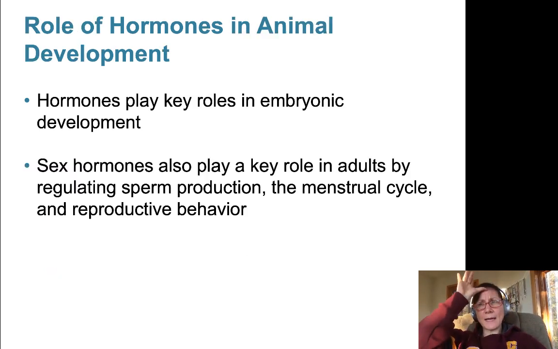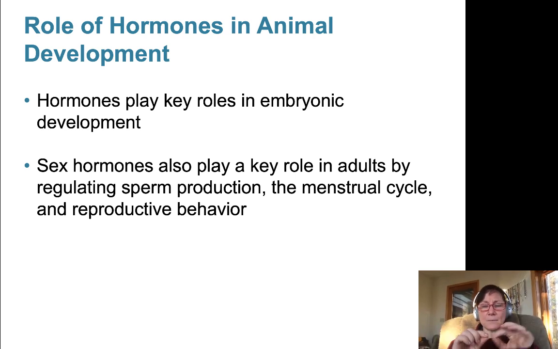So if we start with animal development, and by the way, if you haven't taken a class in development, I highly recommend that you do if you're able, because it is a fascinating class that takes you from the union of 2 cells to form that zygote all the way up to you as an adult. And it's a fascinating process.